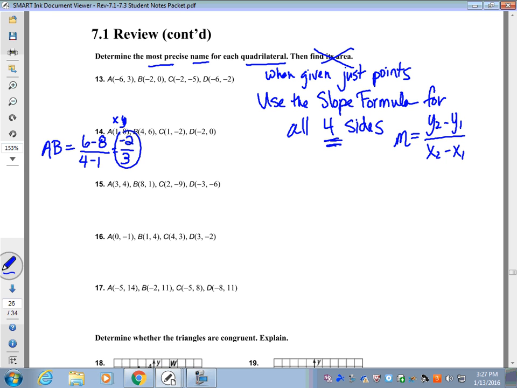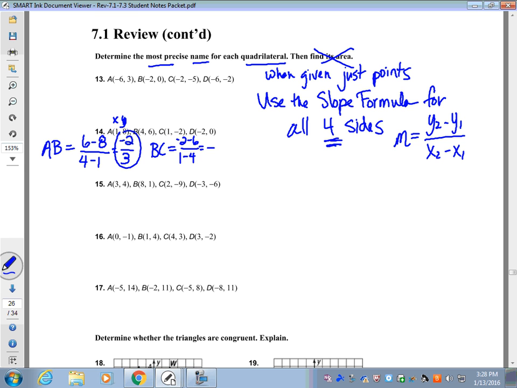So we go AB, then we go to BC. What's going to be Y2 minus Y1 for BC? Negative 2 minus 6. Yeah, negative 2 minus 6. And then hopefully 1 minus 4. All right, then we simplify.